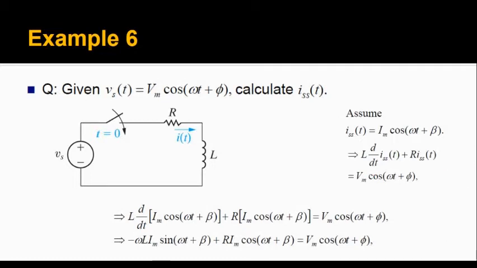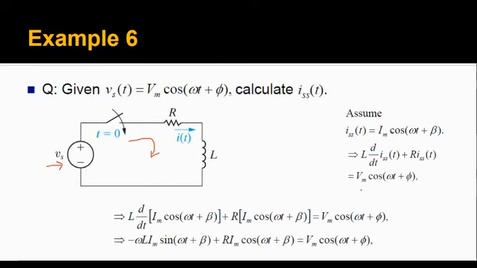In here, this is very similar actually. Given Vs equals Vm cos omega t, so this is given as a cosine function, you need to calculate the current flowing inside here. Since you are given the voltage in the cosine function, the current should be in the cosine function.